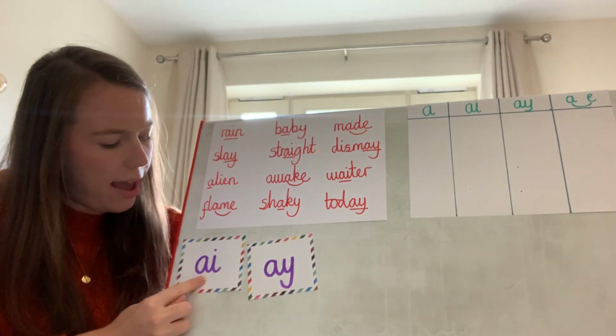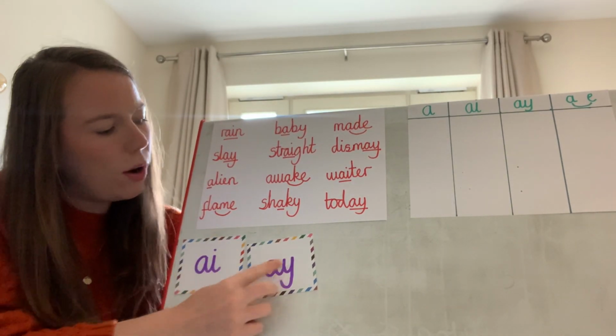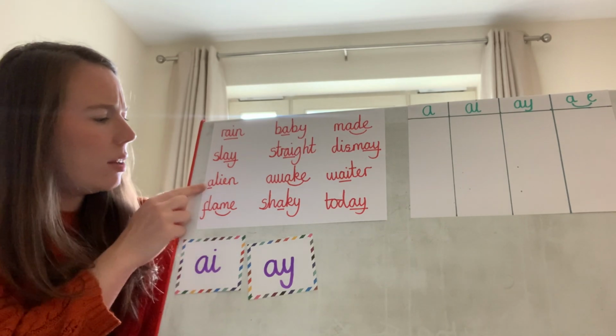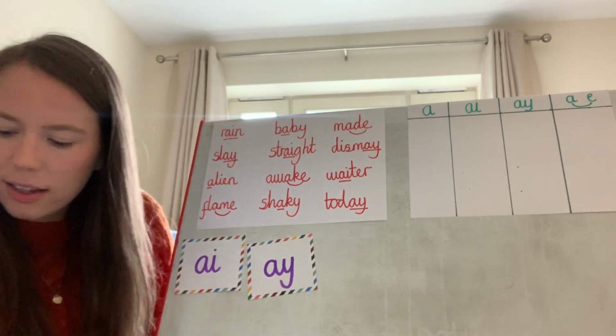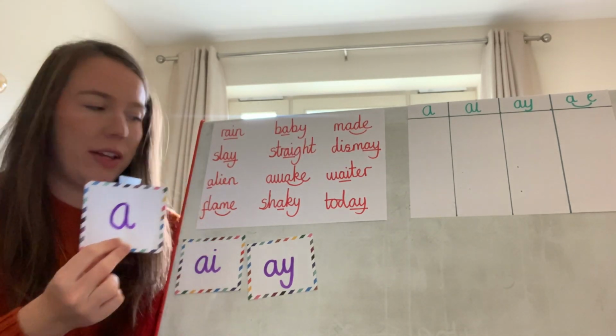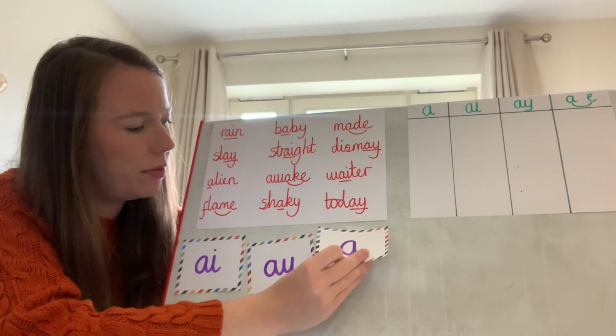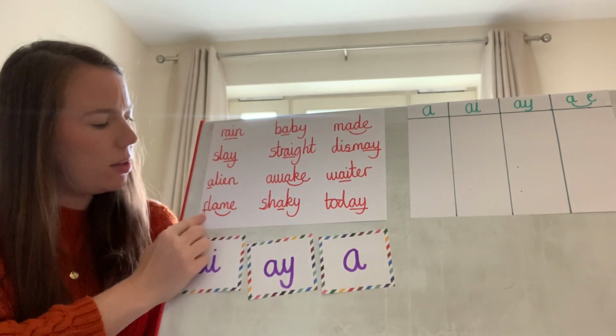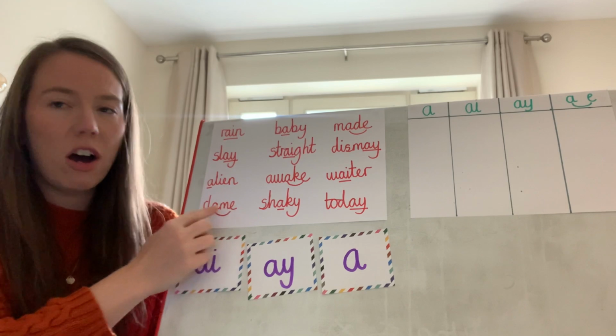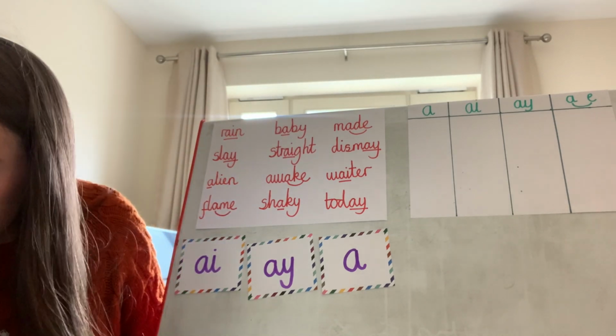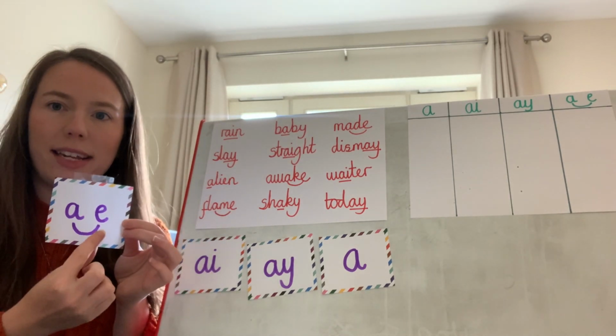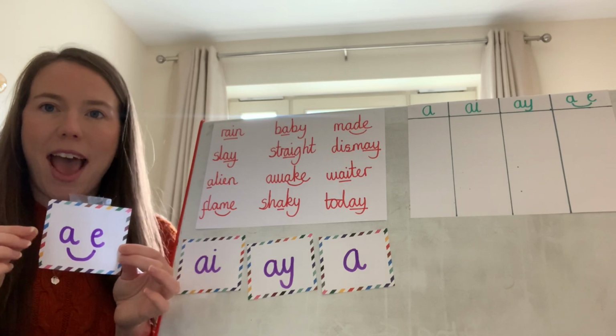So we've got A-I, A-Y, A. In the word alien, it's just the A that's making the A sound. And in the word flame, we've got our split digraph, the A split E. That makes the A sound.